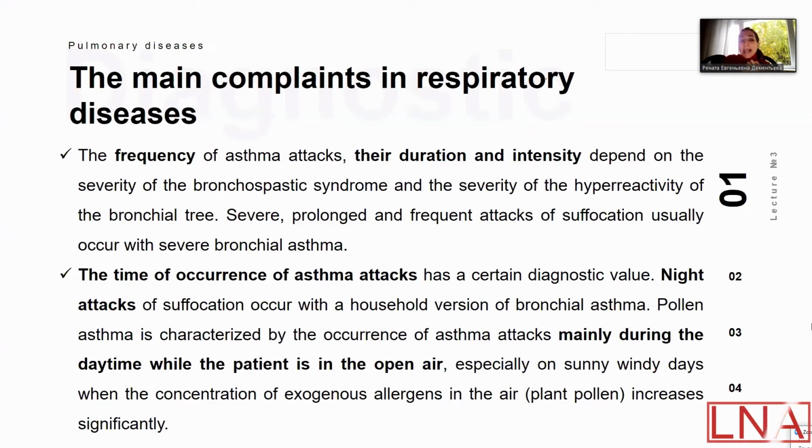Next, pollen asthma is characterized by the occurrence of asthma attacks mainly during the daytime, while the patient is in the open air or in contact with the environment, especially on sunny, windy days when the concentration of exogenous allergens in the air, and then plant pollens, increases significantly. Windy days spread these allergens, and if our patient stays outside, there is closer contact with these exogenous allergens.